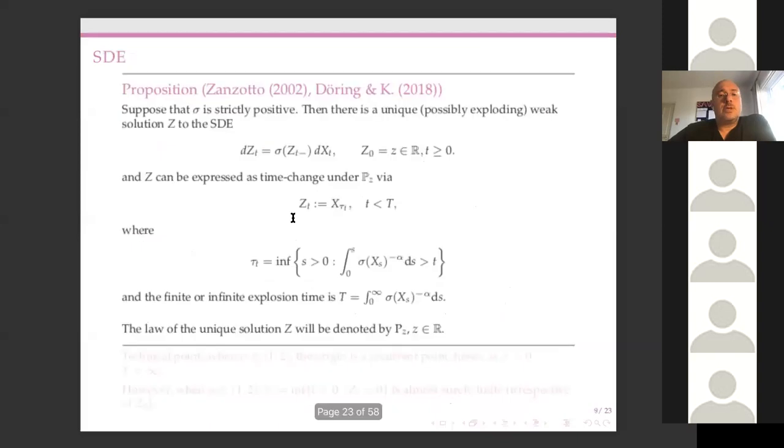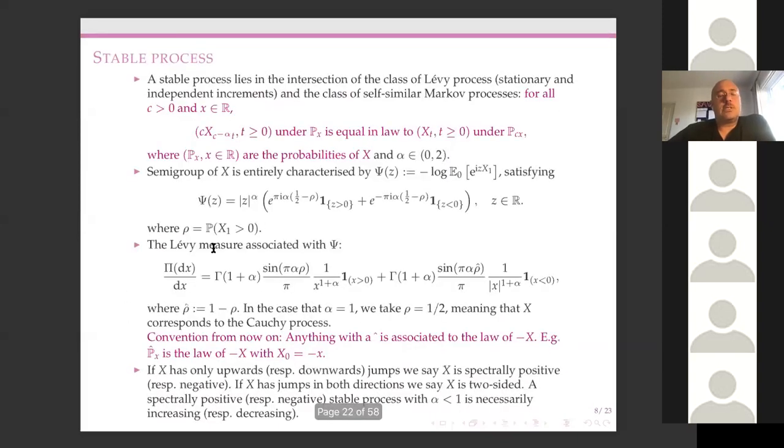Now, as most of you know, associated to every Levy process is its jump measure. So here it is absolutely continuous with respect to the Lebesgue measure. And the parameter rho here appears, and anytime you see a hat, by the way, hat means we're talking about whatever that value is, but for the negative of the stable process. So if you like, in the Levy terms, the dual of the Levy process.